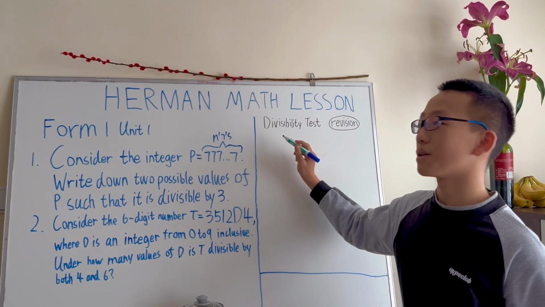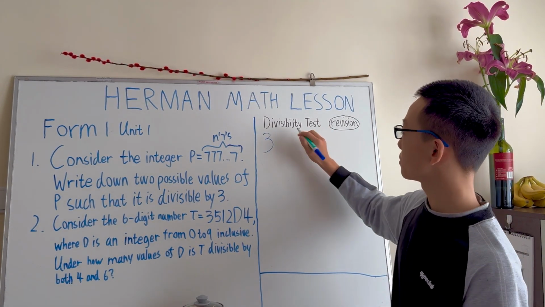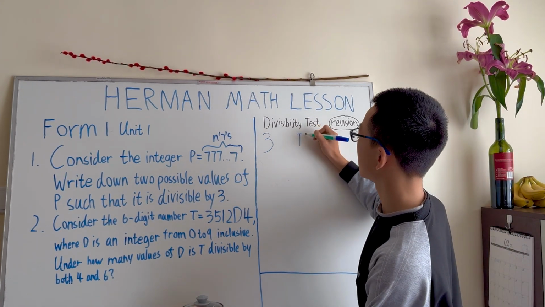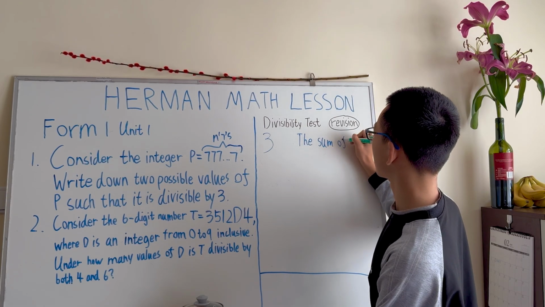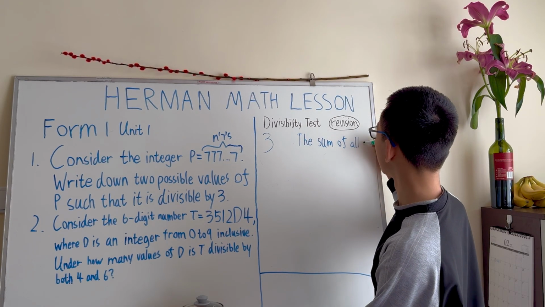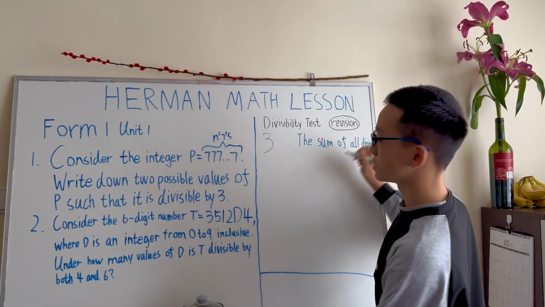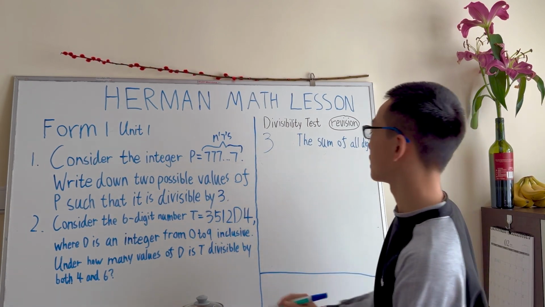Now I talk about the divisibility test of 3. The divisibility test of 3 is that we look at the sum of all digits, and see if it is divisible by 3.